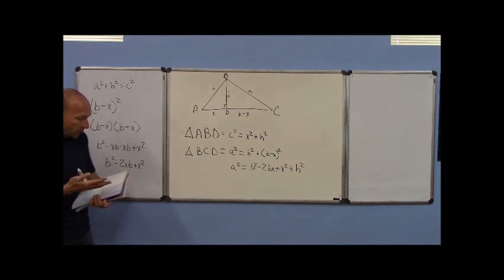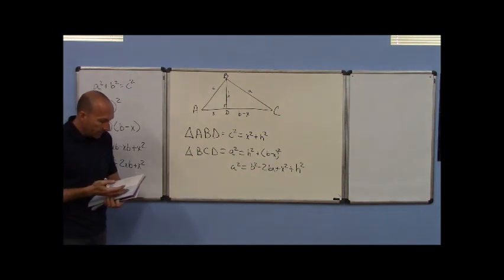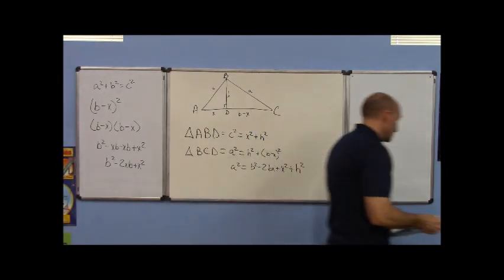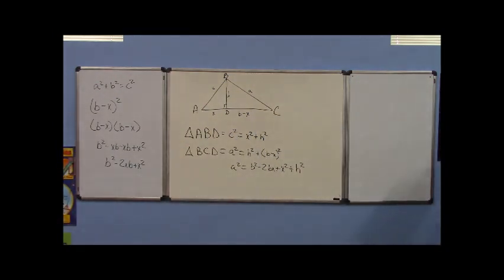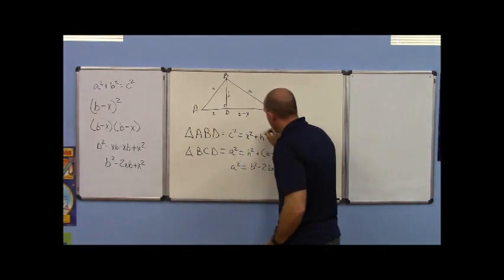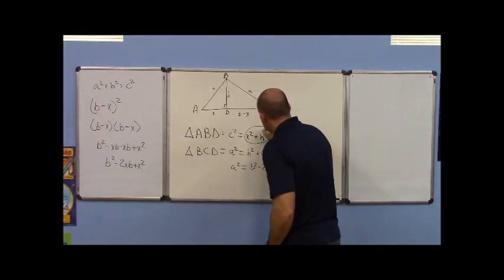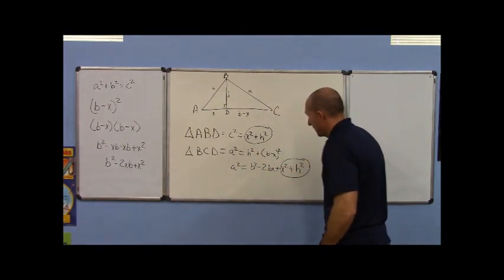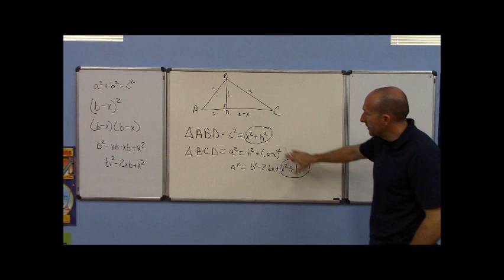Now, what we can do with this is we can take this information and actually substitute, because again we're relating triangles. We have this, and we have that right there. Those are both the same.